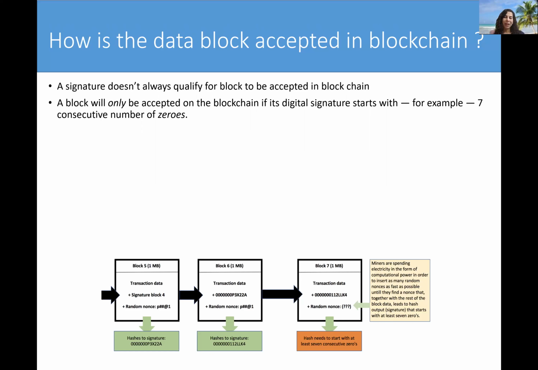What it means is that these other entities are going to randomly generate values until they find a value that is smaller than that threshold, meaning that it has that number of leading zeros, and then this digital signature is going to be added.